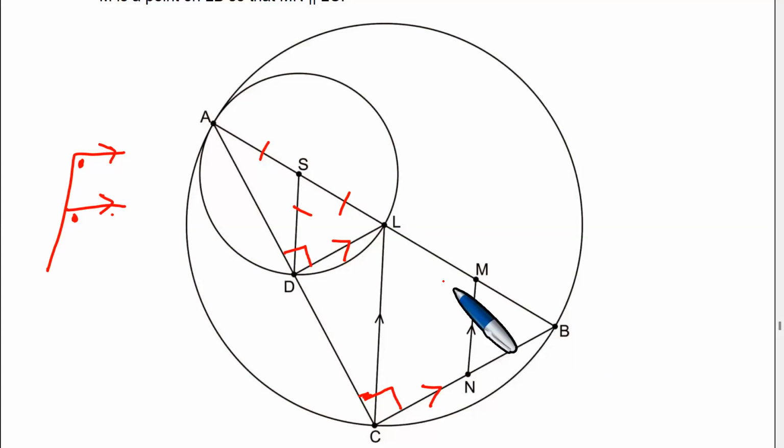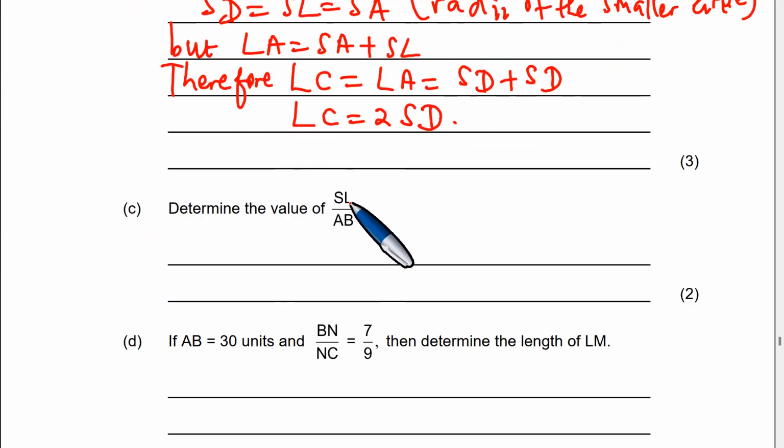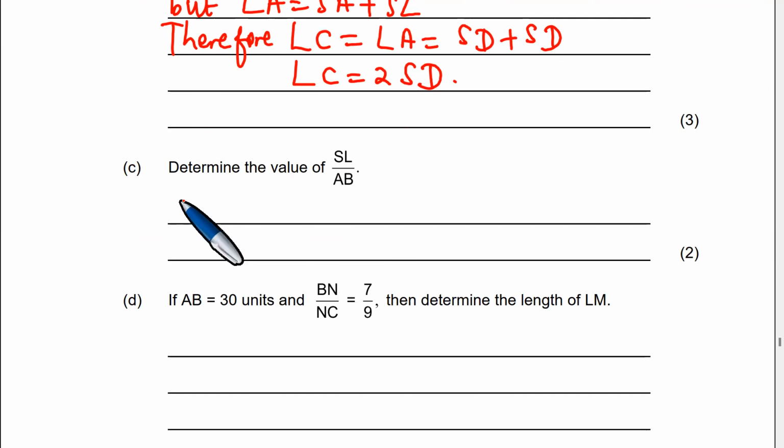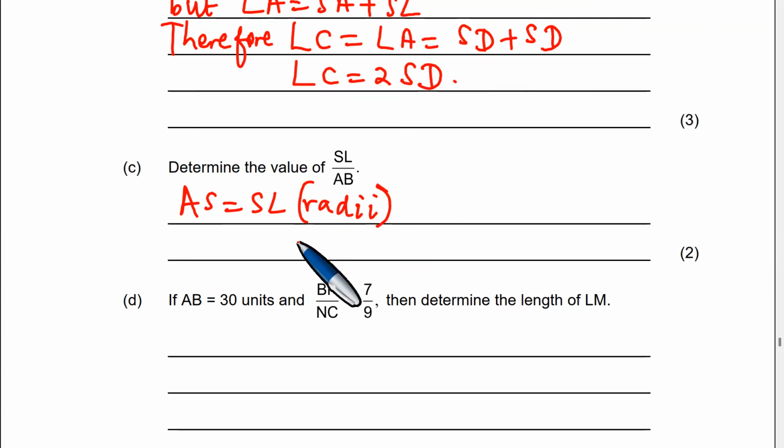At this point, SL is equal to AS because these are radii.